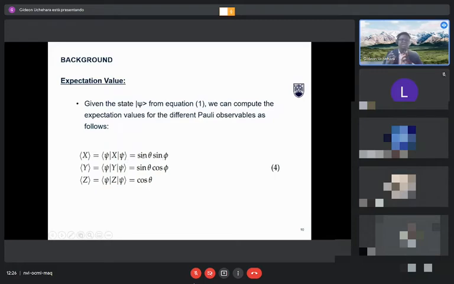So for the quantum state we saw earlier for a qubit, this is the expectation value for observable X, this is the expectation value for Y, and this is the value for Z.